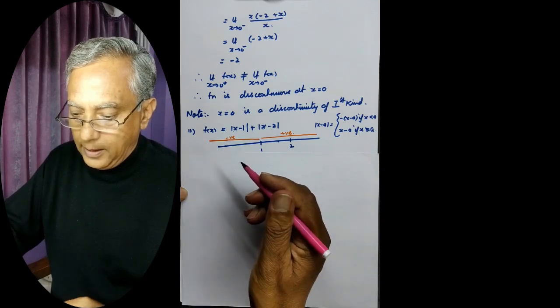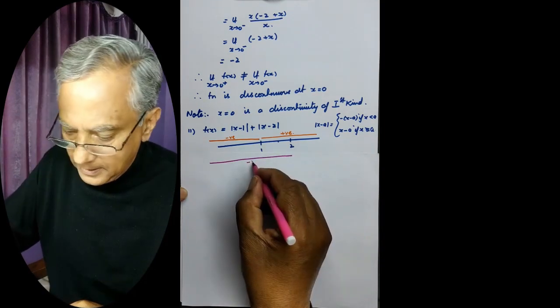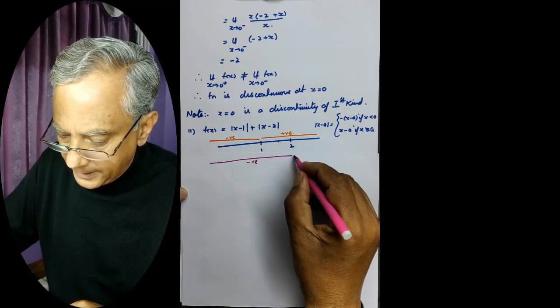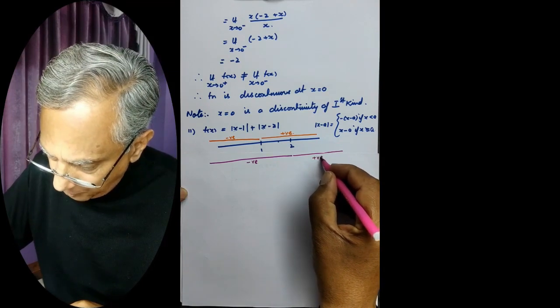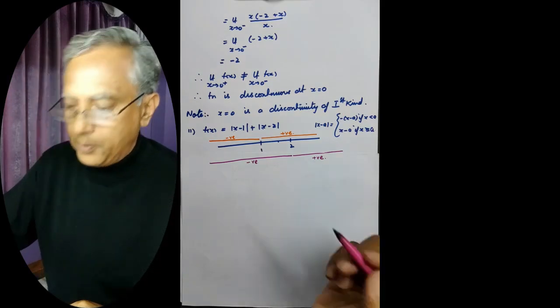And in this interval, x minus 2 is negative. And in this interval, x minus 2 is positive.